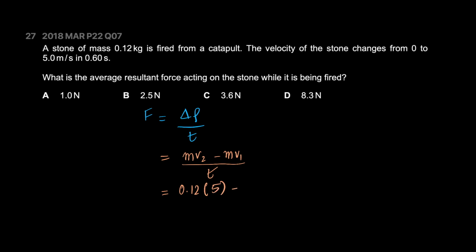The initial is 0. Well, that's easy. Entire thing becomes 0 in a span of 0.6 seconds. This will equal 1 Newton. Newton because it is a force, right? A is our best answer.